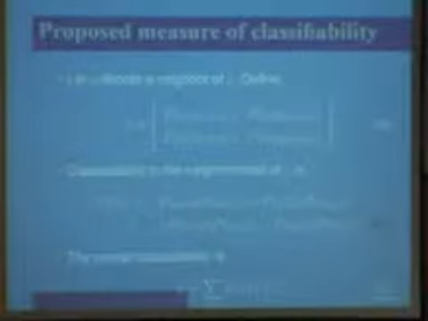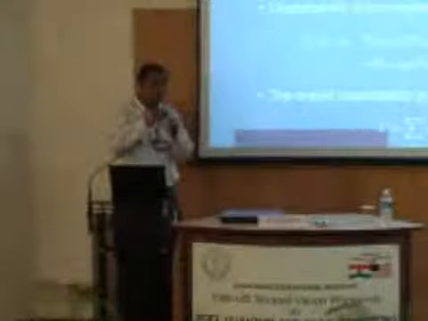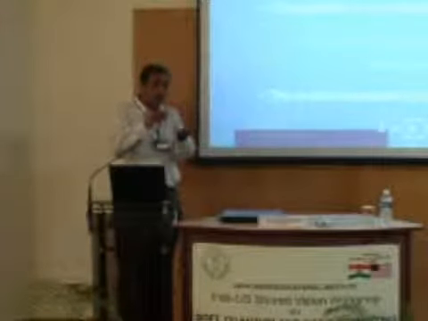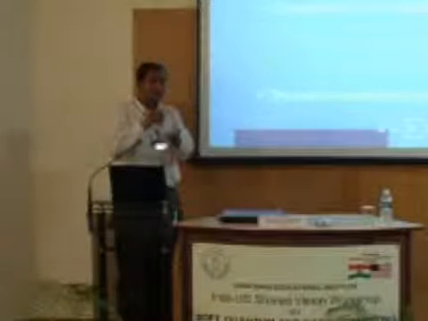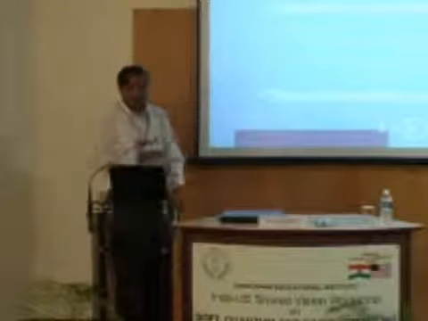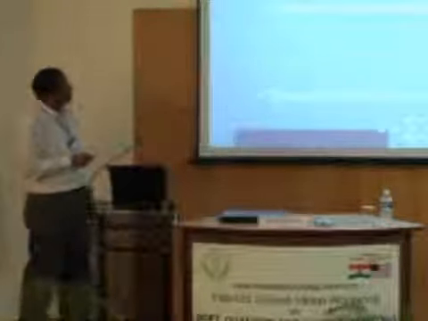One way I can compute it very easily is that for each point, I take a neighborhood around it. If this is of class 1, I count how many class 1 points there are and how many class 2 points there are. The number of class 1 points add up here, and the number of class 2 points add up there. Or if that point happens to be a class 2 point, then the number of class 2 neighbors add up here.